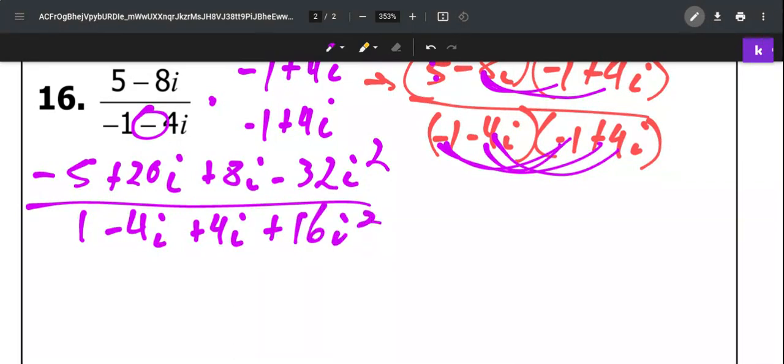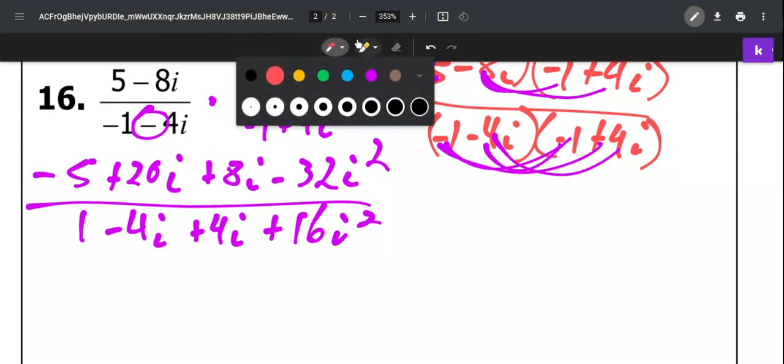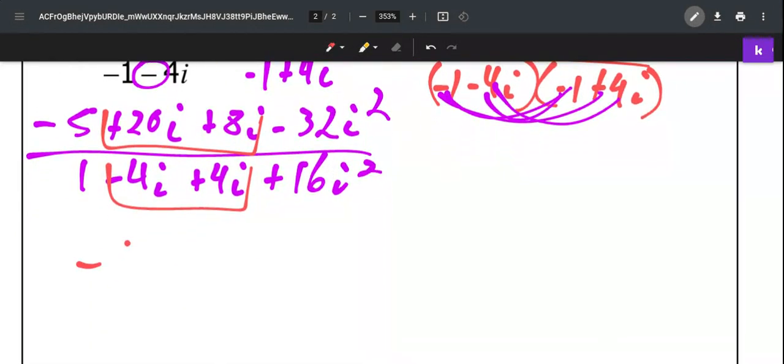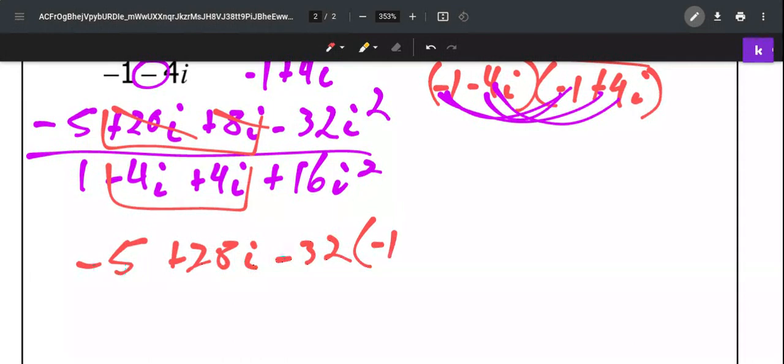16i squared. All right, so now we can combine like terms, which are always going to be in the middle. Right here, right here. All right. So negative 5, let's see, 20 and 8i would give us plus 28i minus 32. We can also go ahead and replace this negative 1.